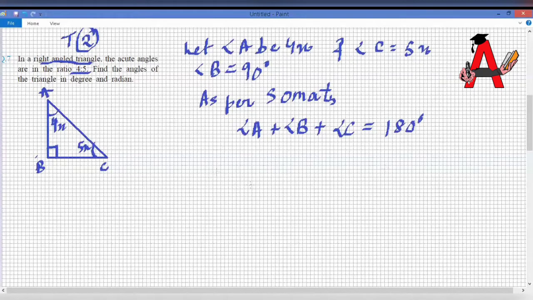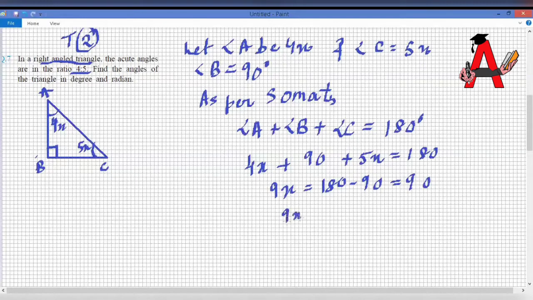This is similar to the previous question, only the ratio is given. So 4x plus 90 plus 5x is equal to 180 degrees. Now 4x plus 5x can be written as 9x, which is equal to 180 minus 90, which is 90 degrees. So 9x equals 90, and hence x is equal to 10.